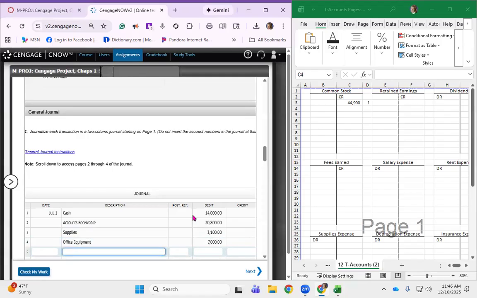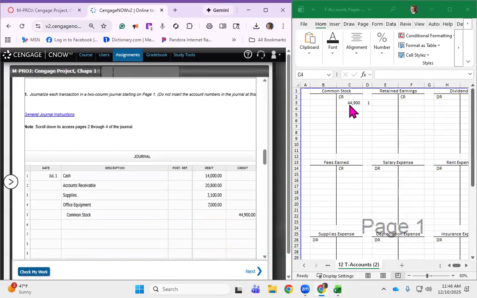And then common stock. So this is the first opening entry. 44,900 is what I got. All right, so now we're going to post this.